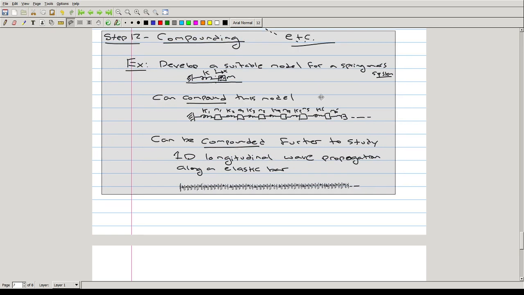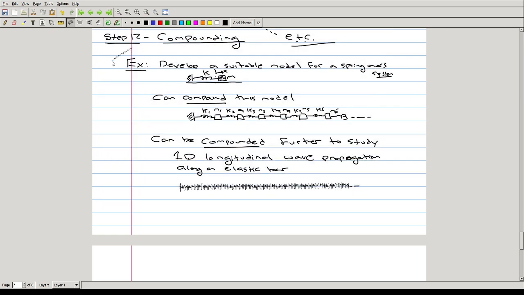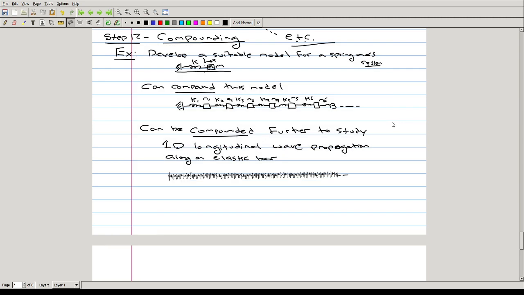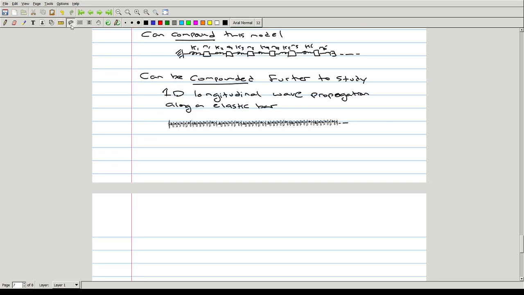So we can show very clearly and concisely that the phenomena being modeled by this spring mass system is the same phenomena as if you have a continuous elastic bar, and you study the disturbances that propagate through it.